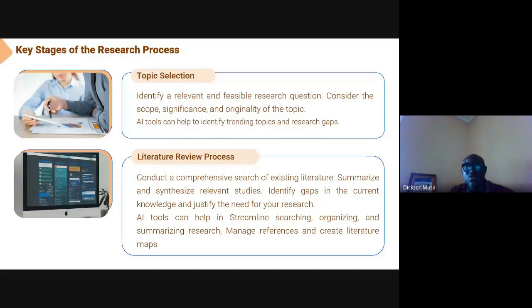These are the things we do during the literature review process. And AI tools can help to streamline searching, organization, and summary of research. It can also help to manage references and create literature maps. A literature map is something very important that we are going to look at during our hands-on training. So AI tools can help to do this.